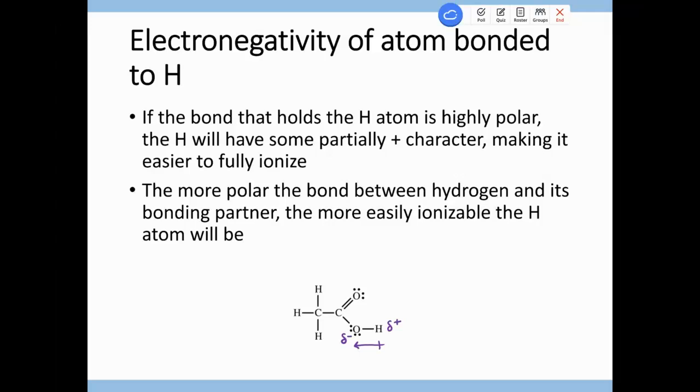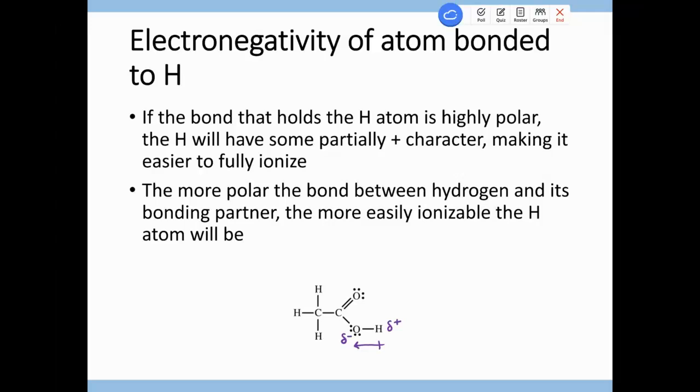Stronger partial positive charge means two things. One, it requires less energy for this hydrogen to become fully positive, aka H+, and be removed by a base. And two, bases have electrons that create a bond to a hydrogen. This partial positive charge is now more attracted to the base, which has a negative charge or electrons, which are negatively charged.